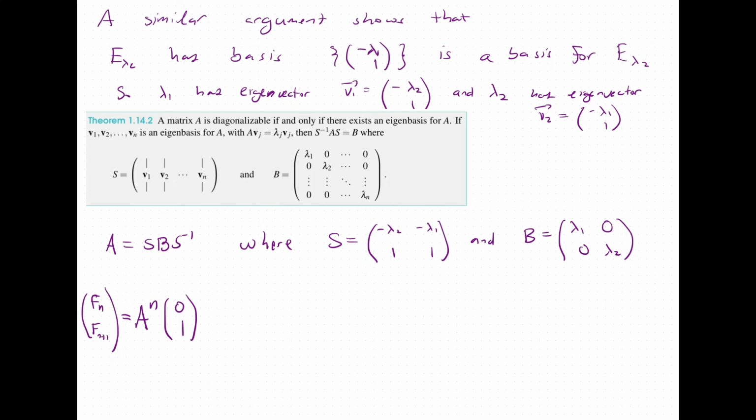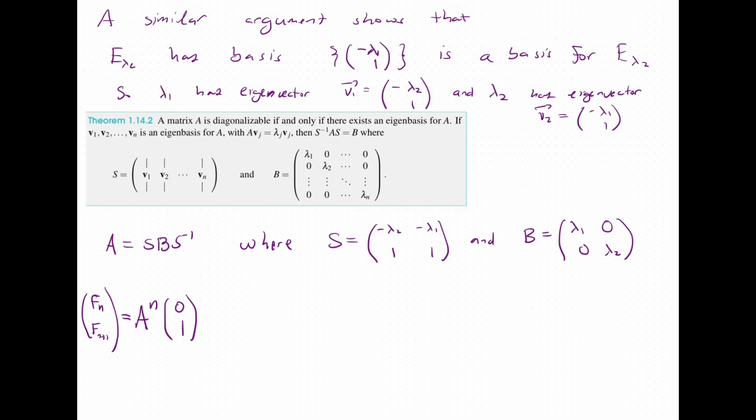So this is going to be equal to S B to the n S inverse times 0, 1. And so still, we have to compute this, but this is a much easier computation because B to the n is simply going to be lambda 1 to the n, 0, 0, lambda 2 to the n.